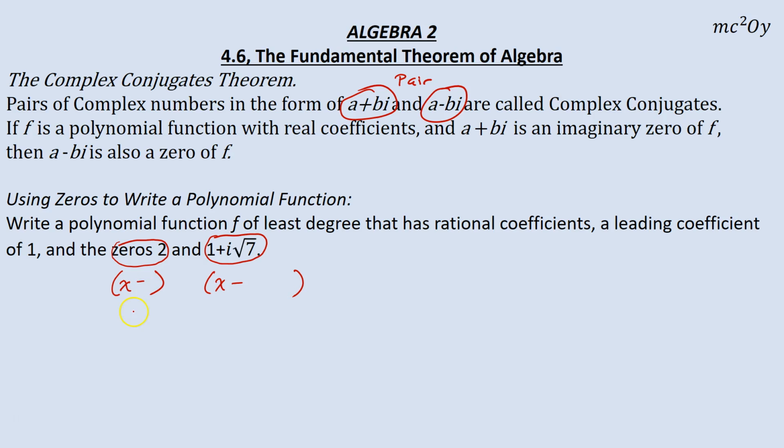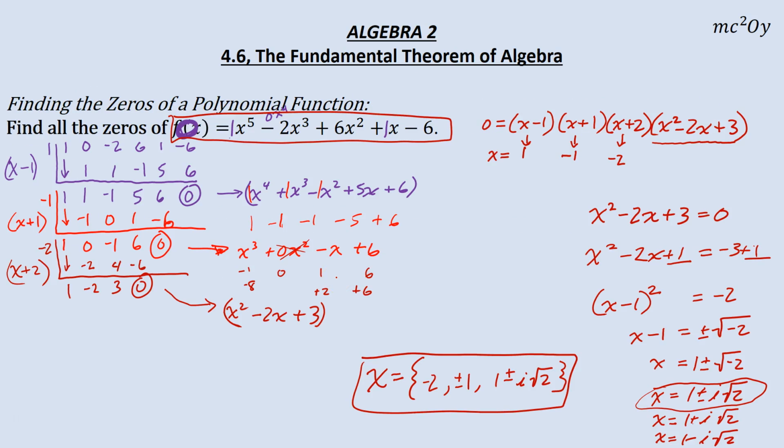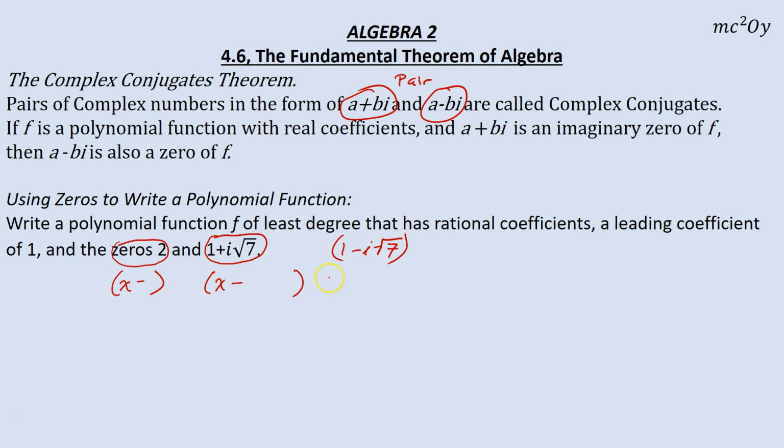So notice I got rid of that 2. I can have x minus here, and I know if 1 plus i root 7 is a solution, then 1 minus i root 7 has to be a solution. That's what the complex conjugates theorem says, which means I'd have to have another quantity.